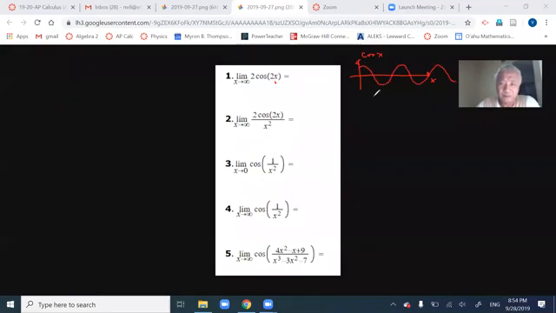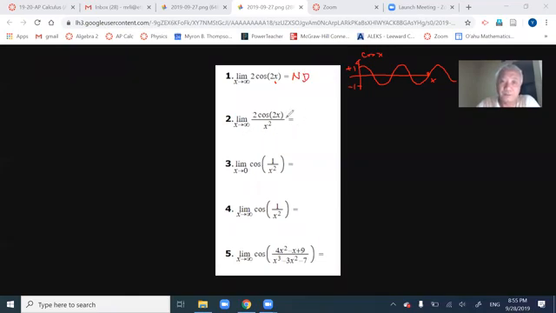So when x goes to infinity, the cosine value keeps shaking from +1 to -1, up and down, always like that. So that means no limit. It does not approach a certain value. So that's why it's not defined.